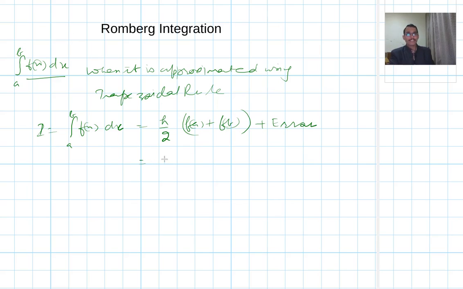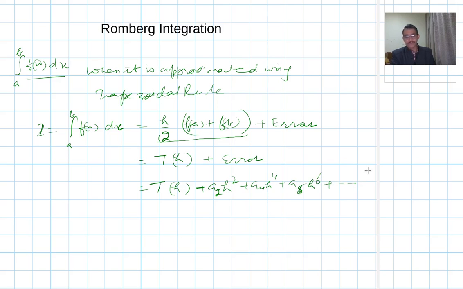So that means, let us call this T_h, plus some error, and this error can be written in terms of h. Say it is a2 h square plus a4 h4 plus a6 h raised to power 6 and so on, and let us call this equation number 1.